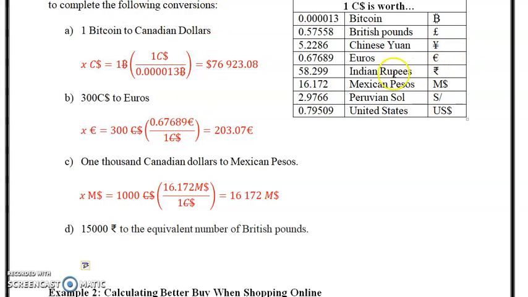Next, we have 15,000 Indian rupees to the equivalent number of British pounds. All right? So we're looking for the X number of British pounds.